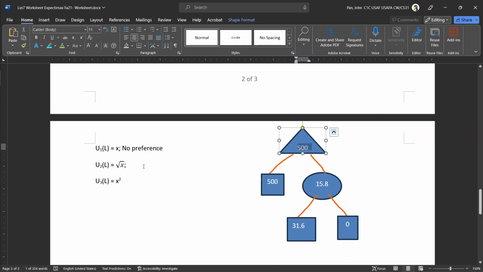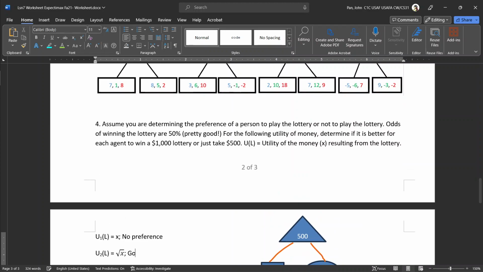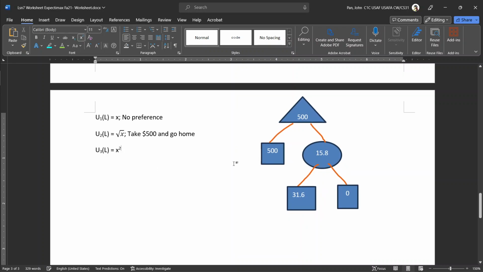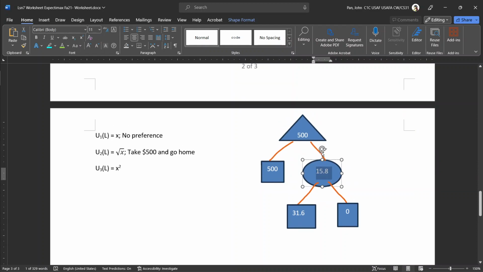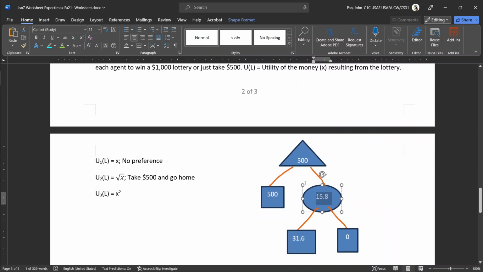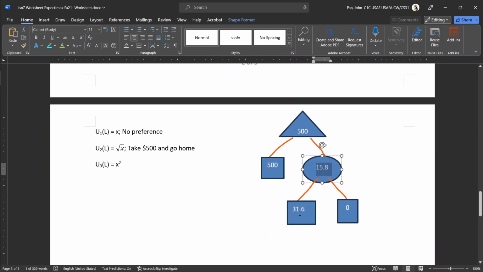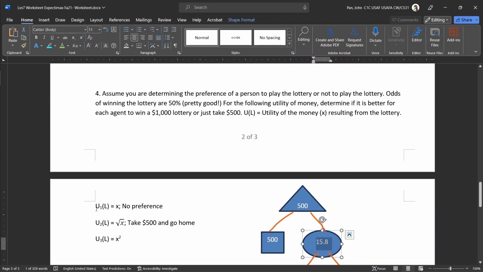In other words, we would take the money and go home. Because the expected value of playing the lottery just went down by a lot when you pass the winnings through this utility function right here.